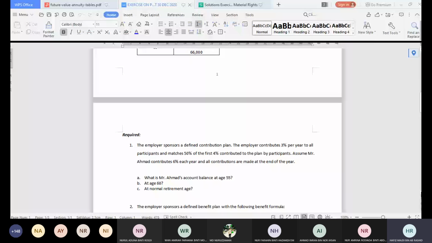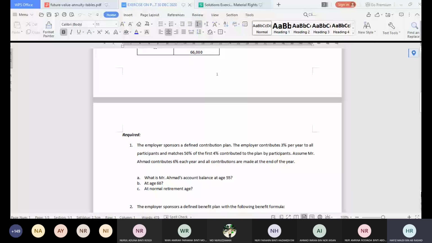Here the employer has promised Mr. Ahmad they will pay 3% per year on the salary to all the participants of this employment benefit plan, and they will match.